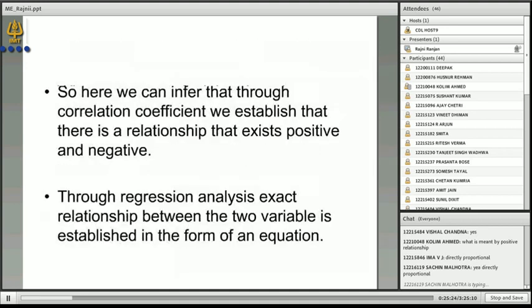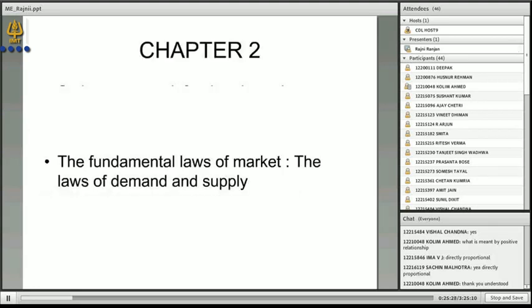Now, based on this understanding of correlation and regression analysis, we will now come to a new chapter, because your study material has changed. Previously it was chapter number 2.